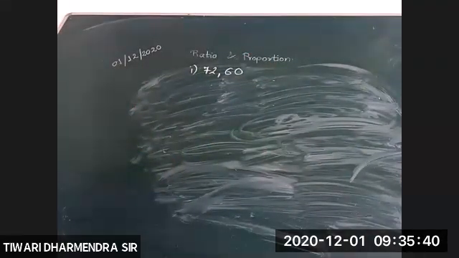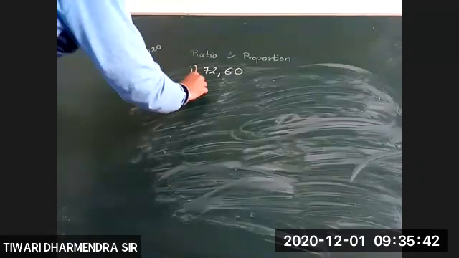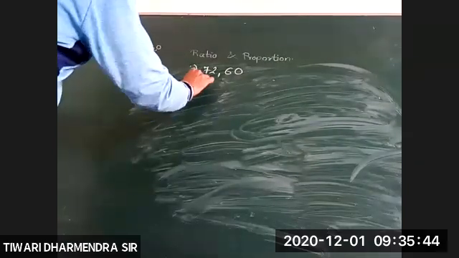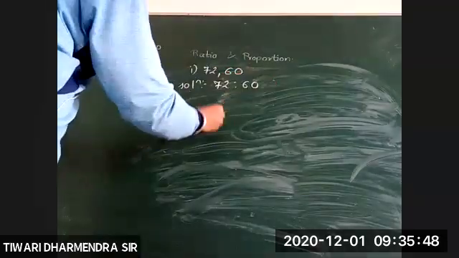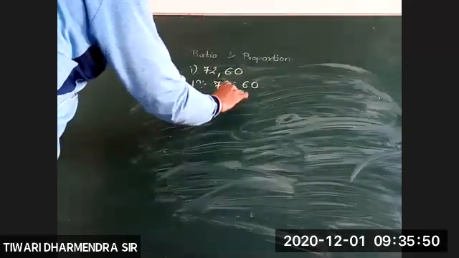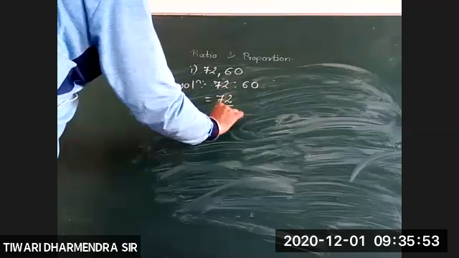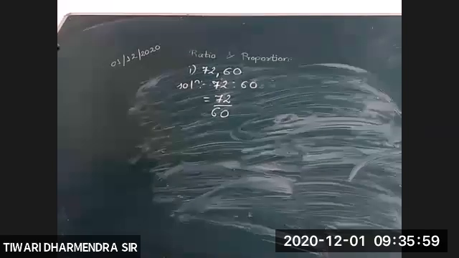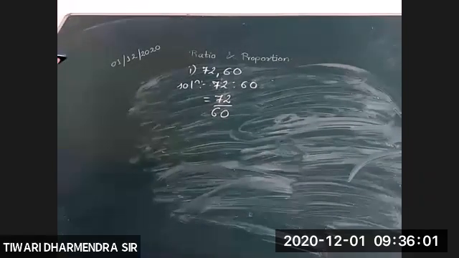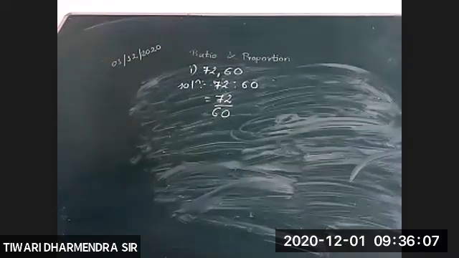So we have to take the ratio of first to second number. Solution: 72 is to 60 is the same as 72 divided by 60. As we know, in which table do both these numbers have a common multiple? Yeah, think.